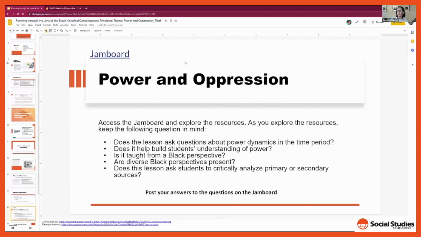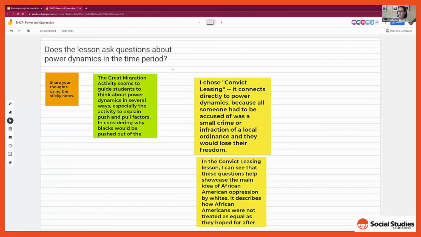And the Great Migration seems to guide students to think about power dynamics in several ways, especially the activity to explain push and pull factors and considering why Black people would be pushed out of the South. Okay, and convict leasing connects directly to power dynamics because all someone had to be accused of was a small crime or infraction of a local ordinance. So you're dealing with laws and governance and examining power structures in that realm.